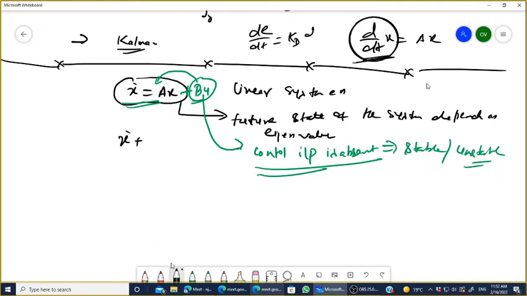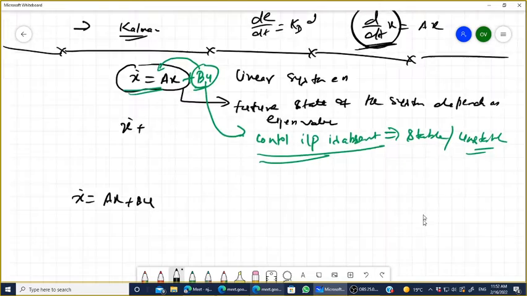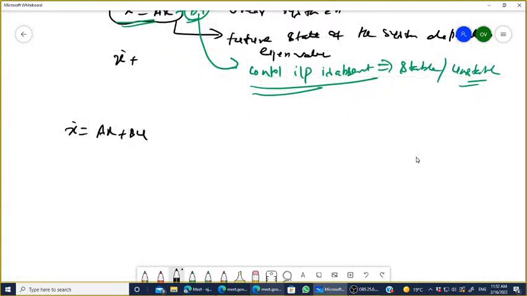Let's say we have the second case, x dot is equal to ax plus bu. x dot is equal to ax plus bu. इसमें क्या होगा बेटा? Anyone can tell me? This bu can manipulate this control input, you can say.